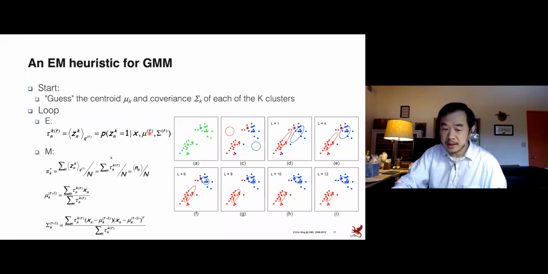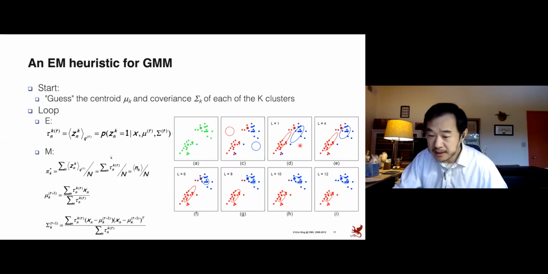This little script t indicates the tth iteration. Now you are at iteration 1, so t equals 1. So you can imagine that each of the points will have a fractional probability of being in one or the other Gaussian component, depending on how closely they are.